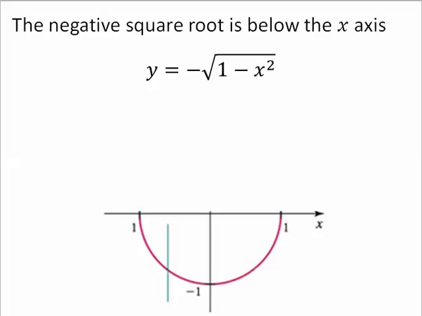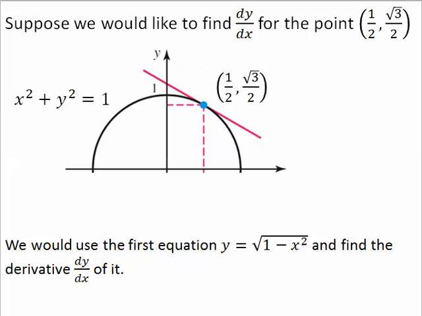And in that case, if we wanted to find the slope of the line tangent to the graph at 1/2, radical 3 over 2, we would use the first equation, the one for the upper half, and find the derivative dy dx of that function.